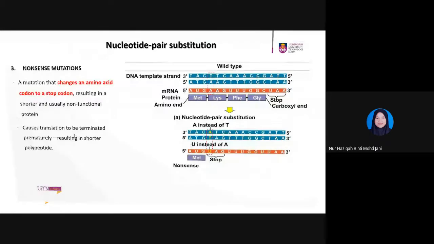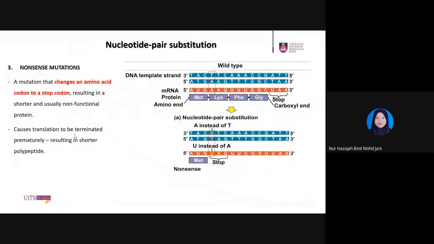Okay, so the next one is nonsense mutation. So for nonsense mutation, the codon of the mRNA codes for amino acids. AAG in this case is lysine. So if mutation occurs, instead of it reads AAG, it reads UAG. So terus stop the process of translation.